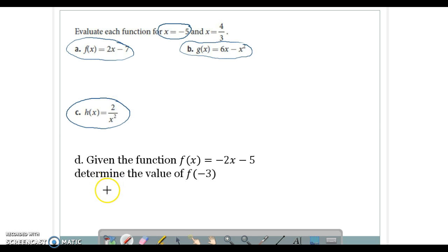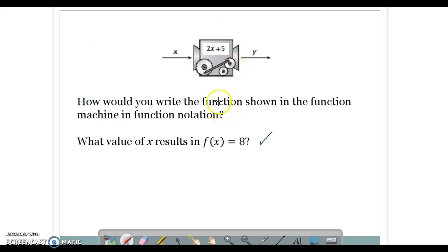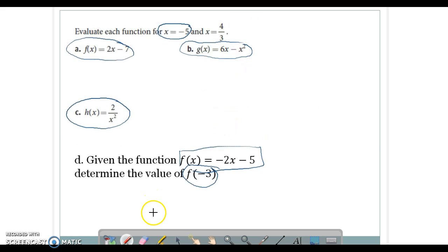And then finally, I would like you to determine the value of f of negative 3 using this function. So I've given you 1, 2, 3, 4, and this original one back here, 5, and I'm actually going to give you some questions on the Google Doc to solve these.